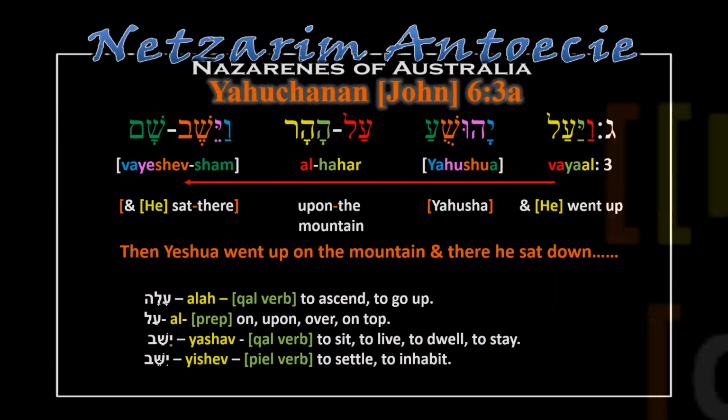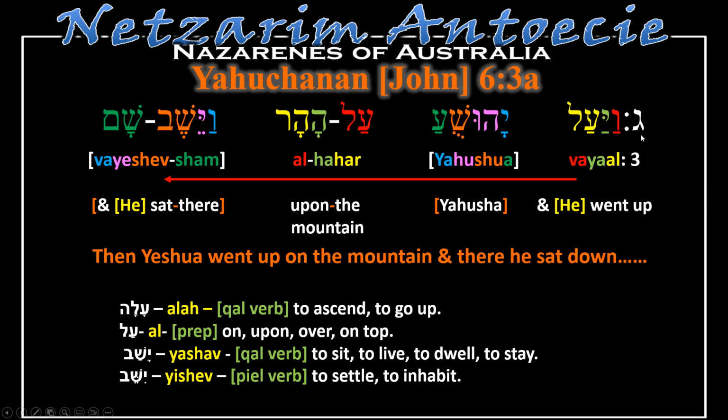And now we come to verse 3. It's represented with a gimel, the third letter of the alphabet. And that gives us 3. And then we have vav, yod, ayin, lamed, yod, hey, vav, shin, ayin, lamed, hey, resh, vav, yod, shin, veit, shin, memsofit. And we read, vaya'al, and he went up.